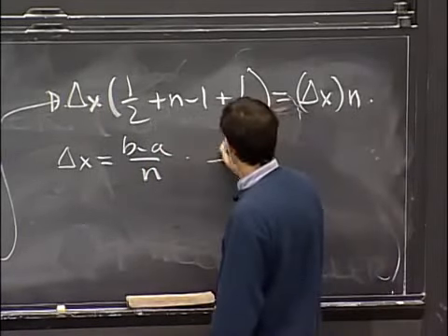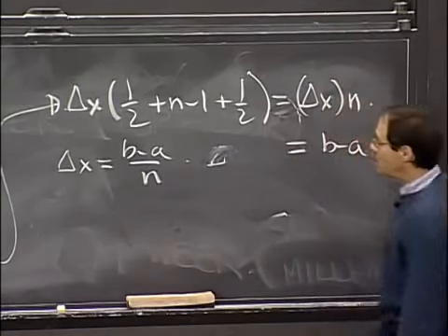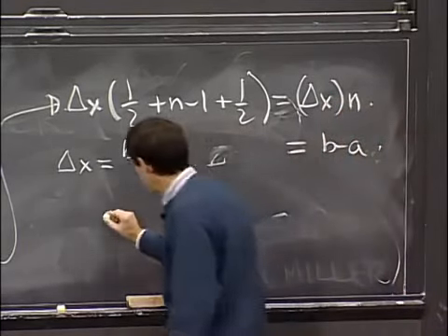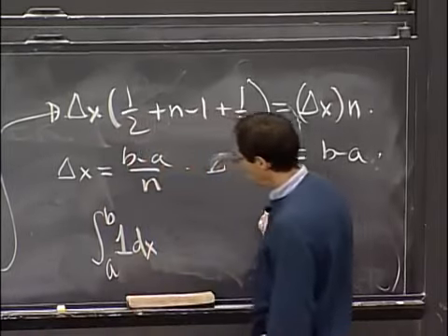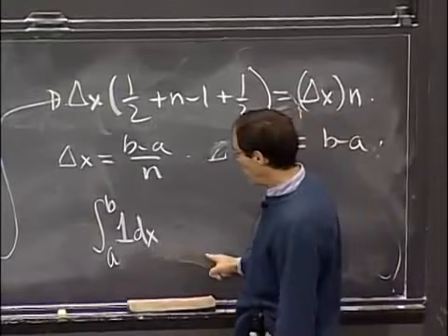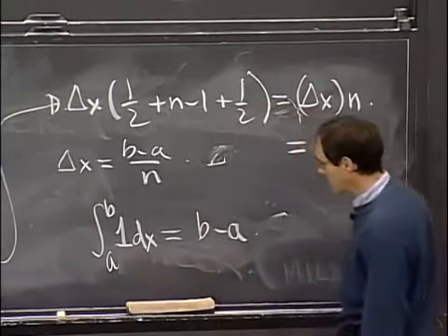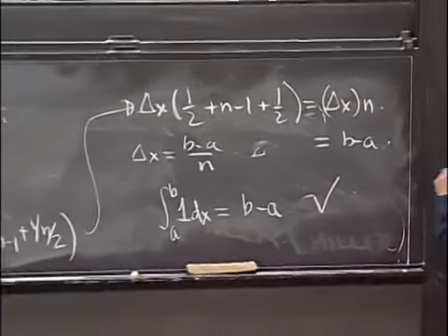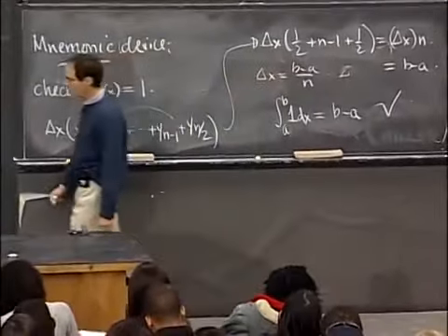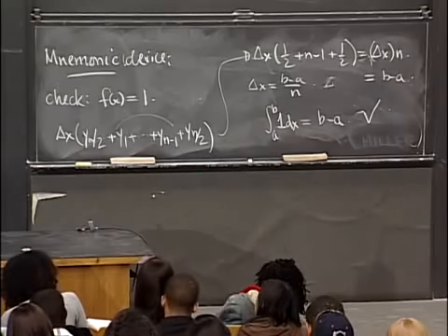So this thing is equal to b minus a. And that's just as it should be. What we just calculated is an approximation to this integral here, which is just the area of the rectangle of base b minus a and height 1, which of course is b minus a. So this is the check that you got your weighted average correct here. You've put the correct weightings on everything. And you can do the same thing with Simpson's rule and match up those quantities.